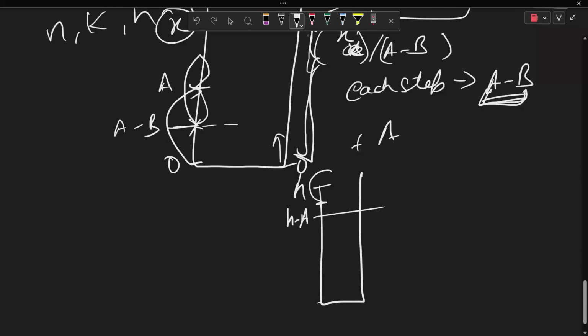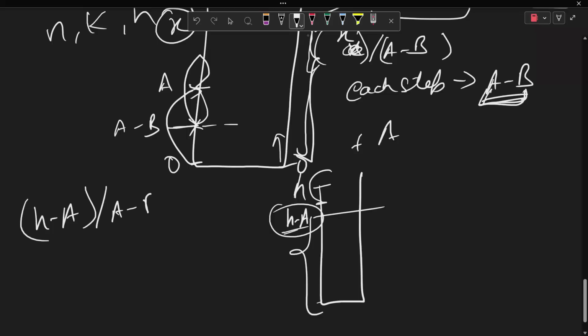So if you look at this h minus a, you are actually doing number minus a, so that you can calculate. So it's h minus a divided by a minus b. This would be the number of seconds to reach above this, the ceil value of that.